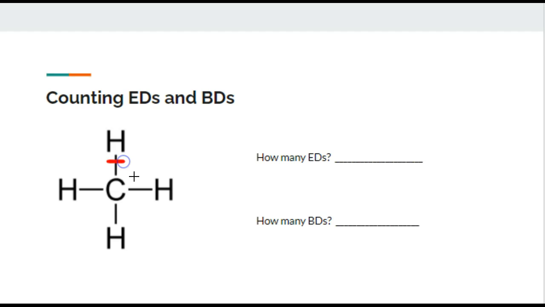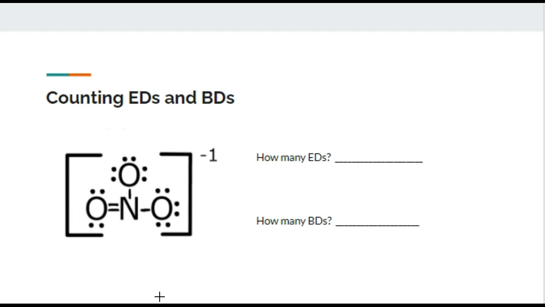Each of these bonds counts as an electron domain. So there are 4 electron domains, and each of them is a bonding domain. There's nothing there other than bonding domains. So this is 4 electron domains, and all of them are bonding domains.